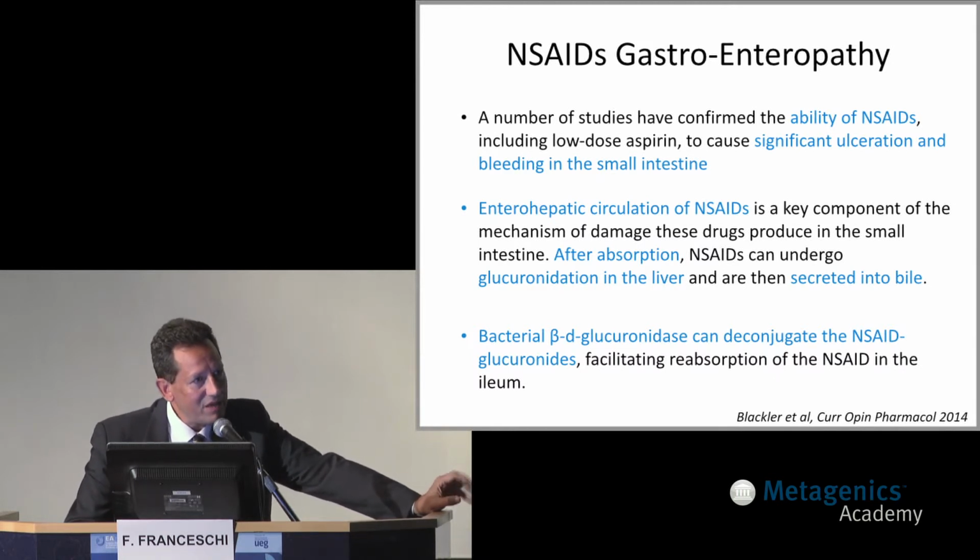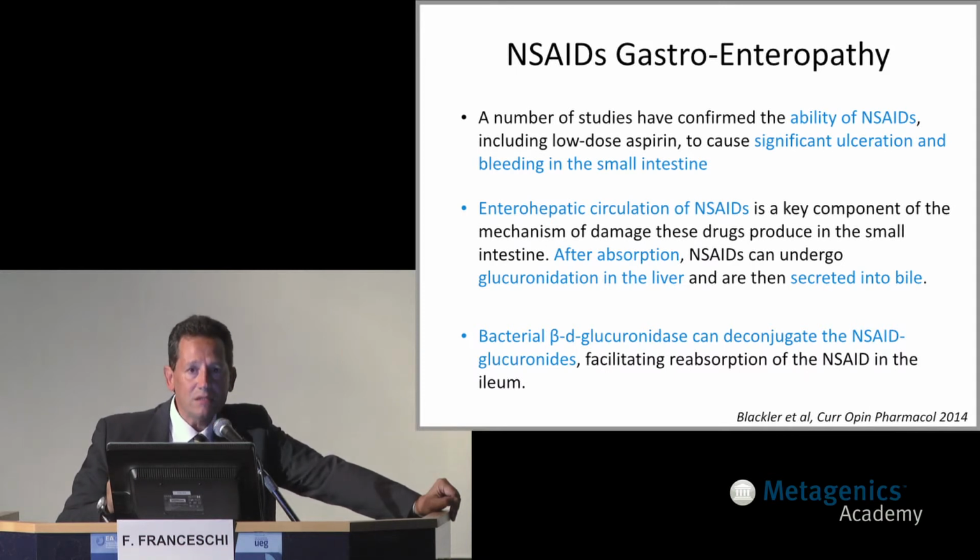And there is a specific issue on the enterohepatic circulation of NSAIDs, which is a key component of the mechanism of damage. So after absorption, and we will see it later, NSAIDs can undergo glucuronidation in the liver, and then they are secreted into the bile.